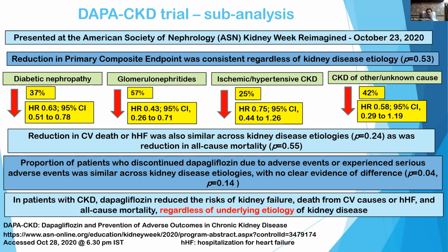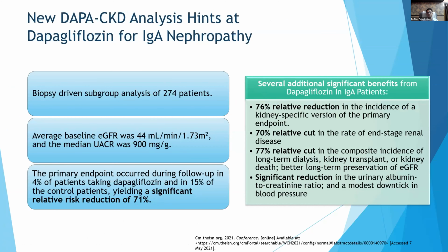And we are expecting similar data from the EMPA-KIDNEY outcome as well. And there was a new DAPA-CKD analysis where for IgA nephropathy, it showed about 70% relative risk reduction in the rate of end-stage renal disease. So even in IgA nephropathy, this particular molecule has some positive impact.